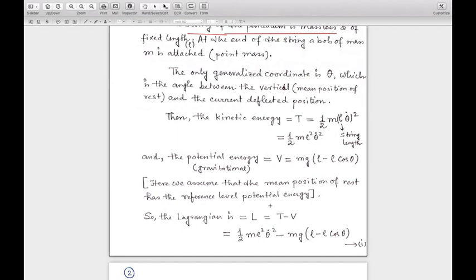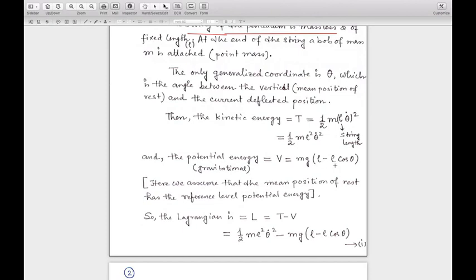That means at that point the gravitational potential is assumed to be 0. Then you can easily understand that when the bob makes an angle theta with the vertical, the vertical distance from the mean position of rest to its instantaneous position is nothing but L minus L cos theta.